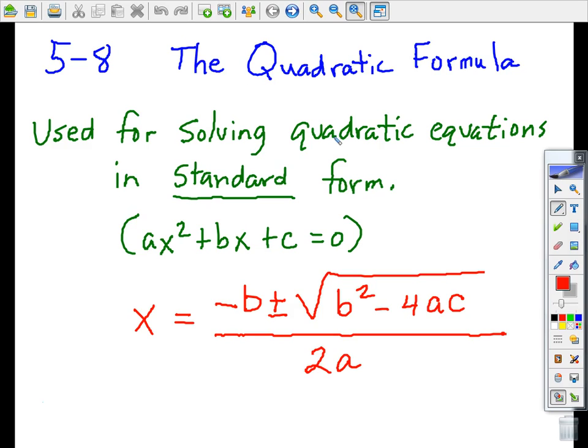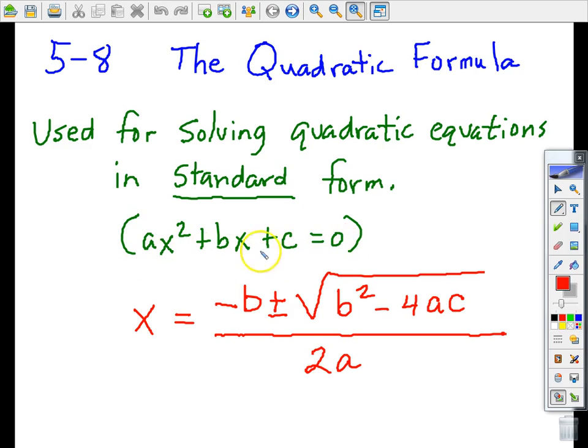And my note here in green is a very important first step before you even begin to use the quadratic formula, which you hopefully have memorized. If you don't, you'll need to work on memorizing that before our next test. But before you can begin using the quadratic formula, you need to make sure that the equation is in standard form, equal to 0.